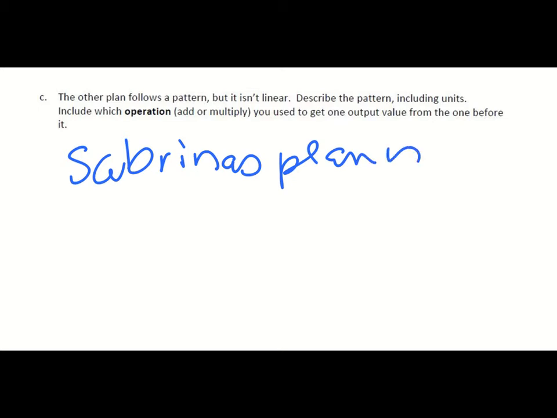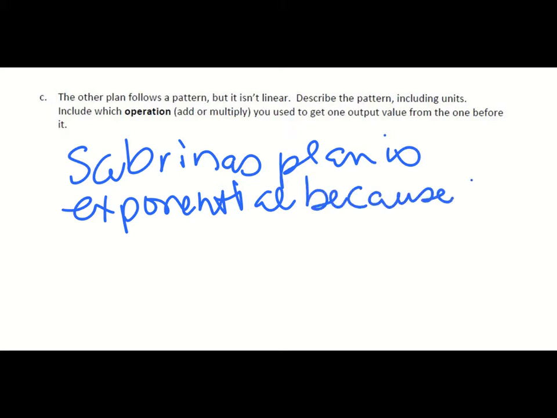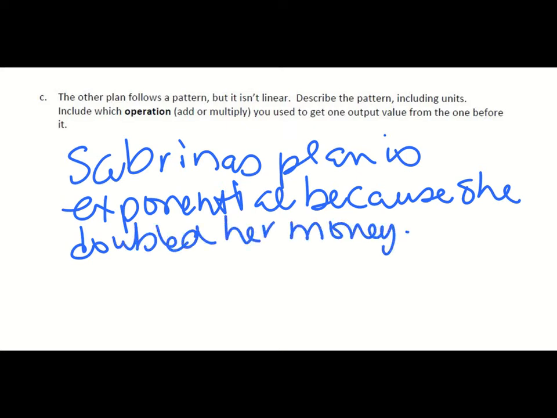The other plan follows a pattern, but it's not linear. Describe the pattern, including units, and which operation, add or multiply, you use to get one output from the other. And so Sabrina's plan is exponential because she doubled her money every week.